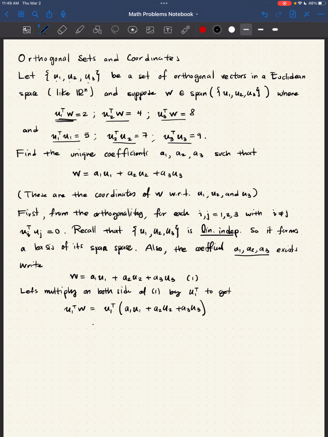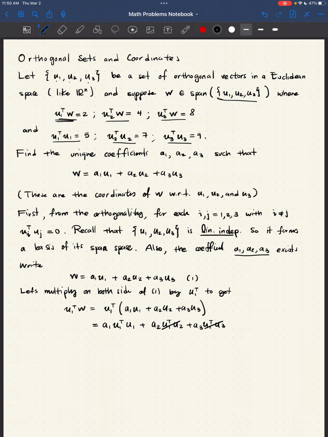From here, we're going to make use of the distributive property and also properties of the scalar product to rewrite this equation as a1 u1 transpose u1 plus a2 u1 transpose u2 plus a3 u1 transpose u3. But then, look, the set of vectors that I underlined here is orthogonal.